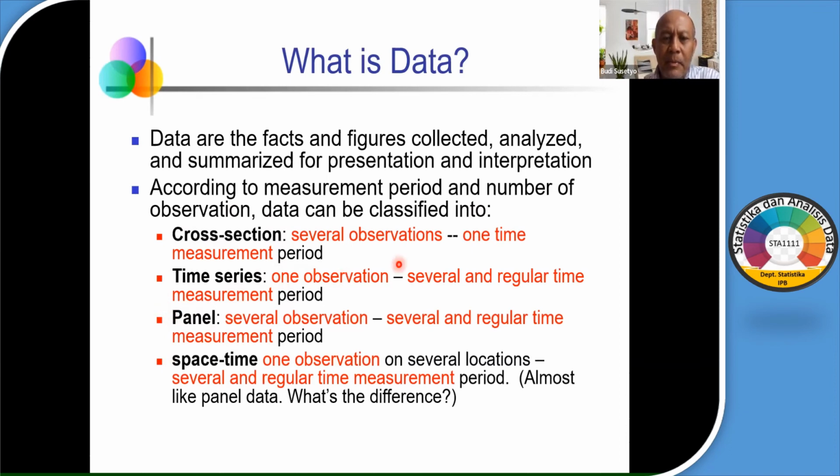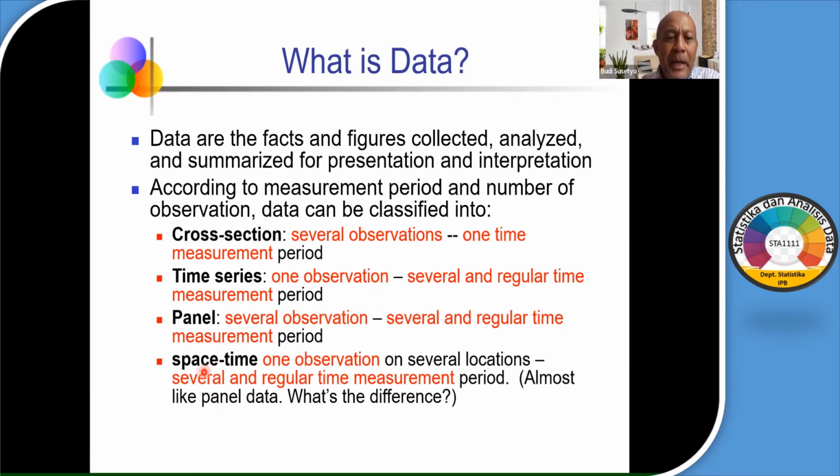Time series data means one observation, several and regular time measurement periods. I measure your weight every month, for example. So the collection of the data, we call it time series. But if I just collect one time, this is cross-section.